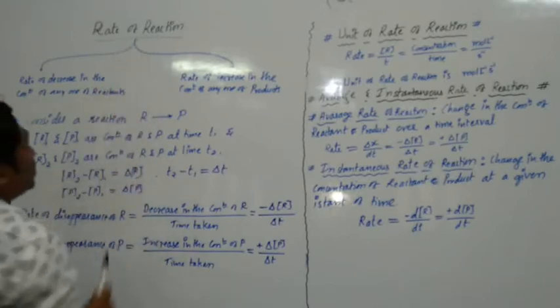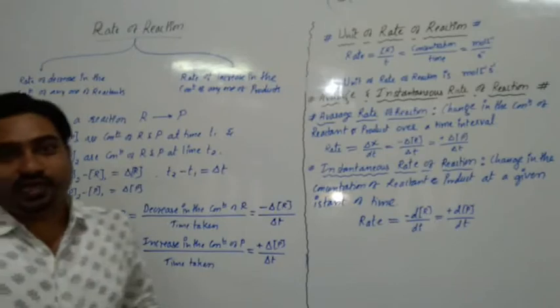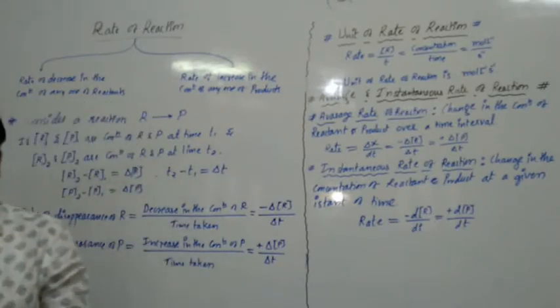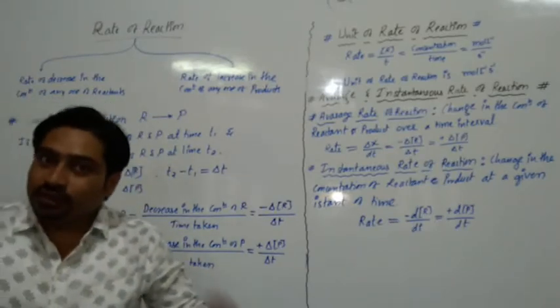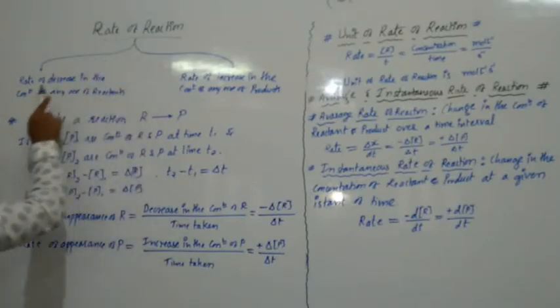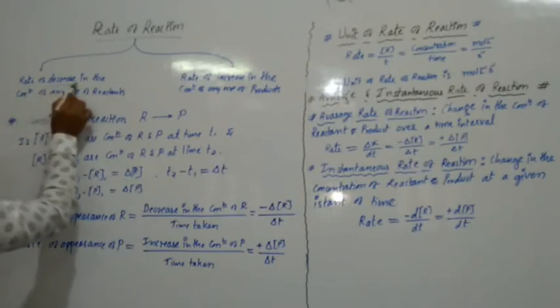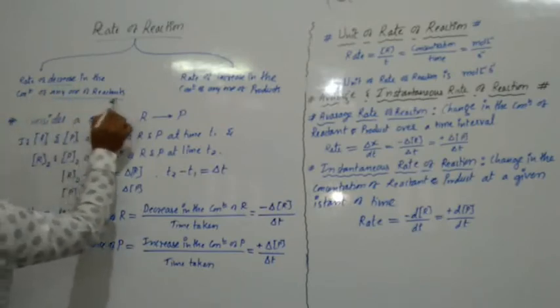A rate of reaction can be given in two terms: in terms of reactant or in terms of product. So we can calculate rate of reaction by using the concentration of reactant or by using the concentration of product. So let's see how we can calculate. Here the rate of a chemical reaction can be given by the rate of decrease in the concentration of any one of the reactants.